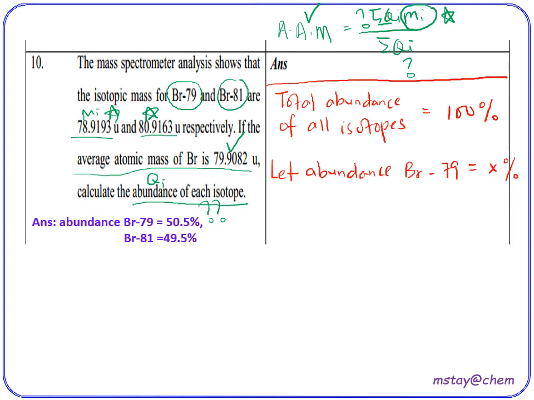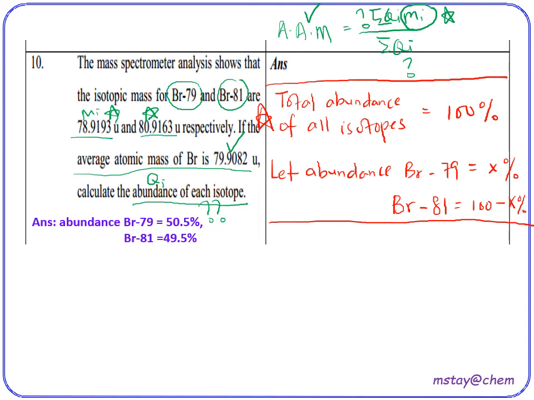We can put it as X%, Y%, P%, or Q%, it is also okay, just an unknown. Based on the idea that total abundance of all isotopes always equals 100%, if the abundance of bromine-79 is X%, the abundance of bromine-81 will be 100 minus X%. With this we already have the abundance values.